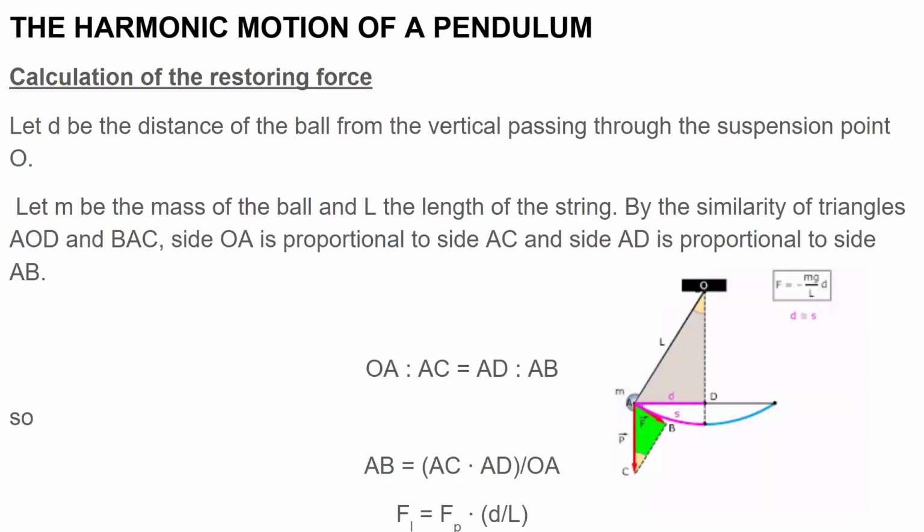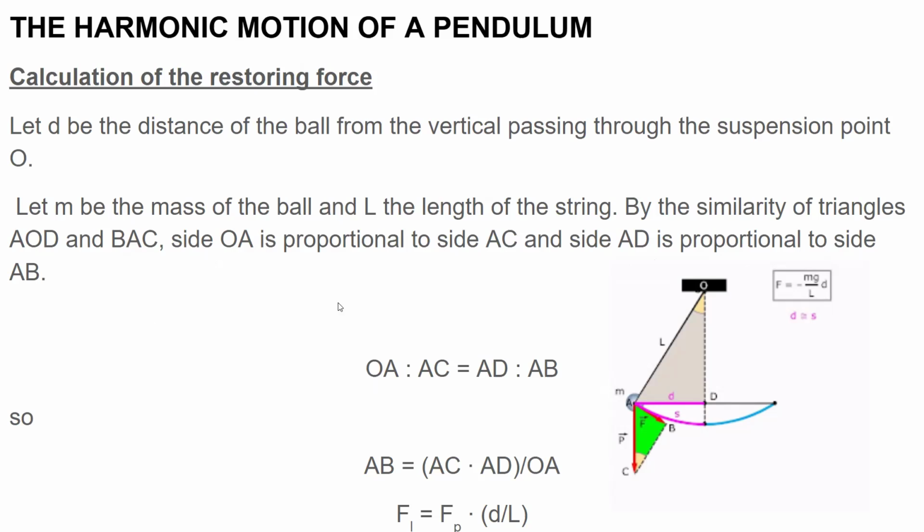Let d be the distance of the ball from the vertical passing through the suspension point O. Let m be the mass of the ball and L the length of the string. By the similarity of triangles AOD and BAC, side OA is proportional to side AC and side AD is proportional to side AB.